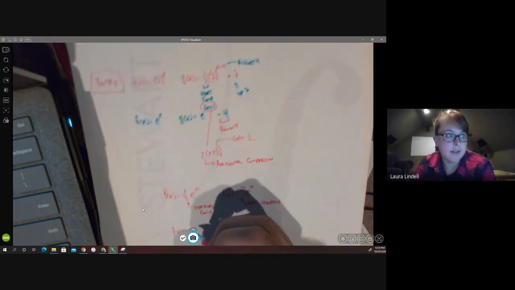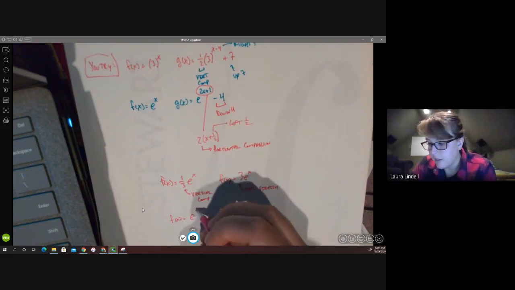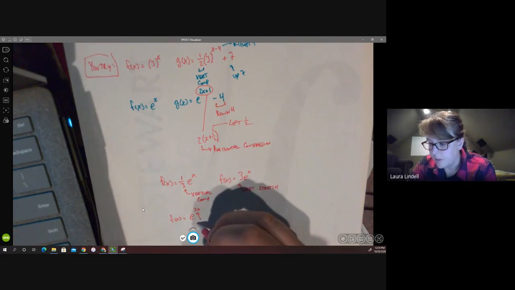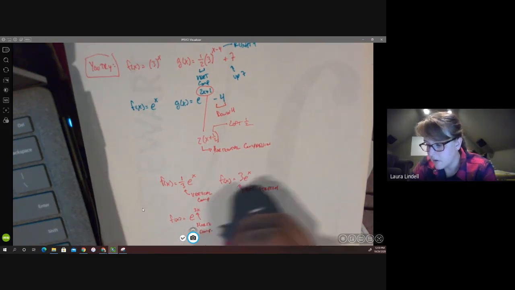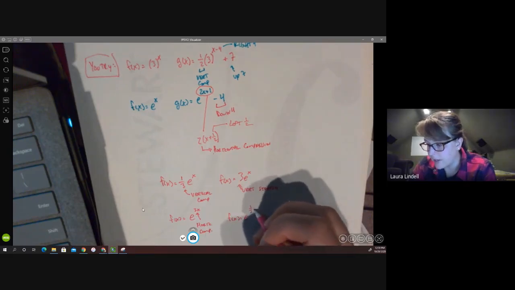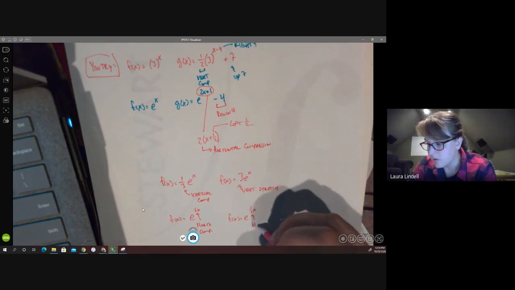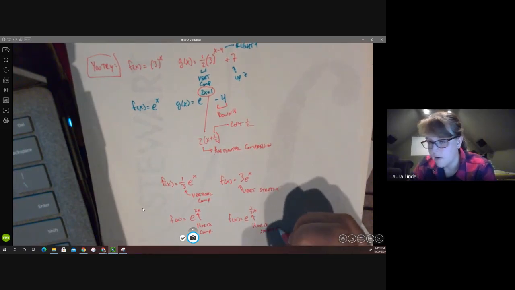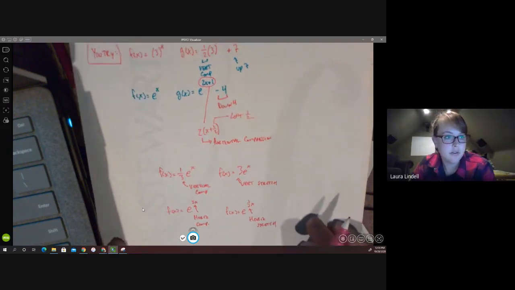And then if we had something like e to the 3x, that would be horizontal compression. Or e to the 1/3 x would be horizontal stretch. So those are the differences there.